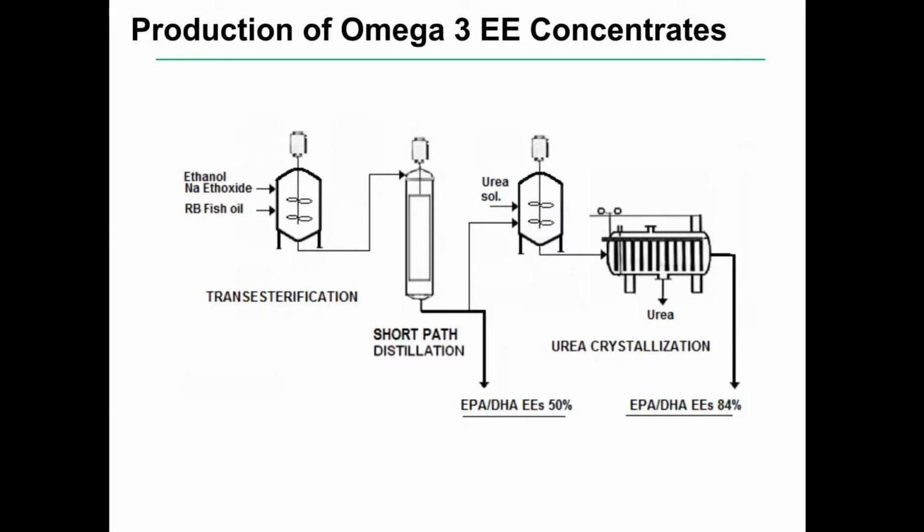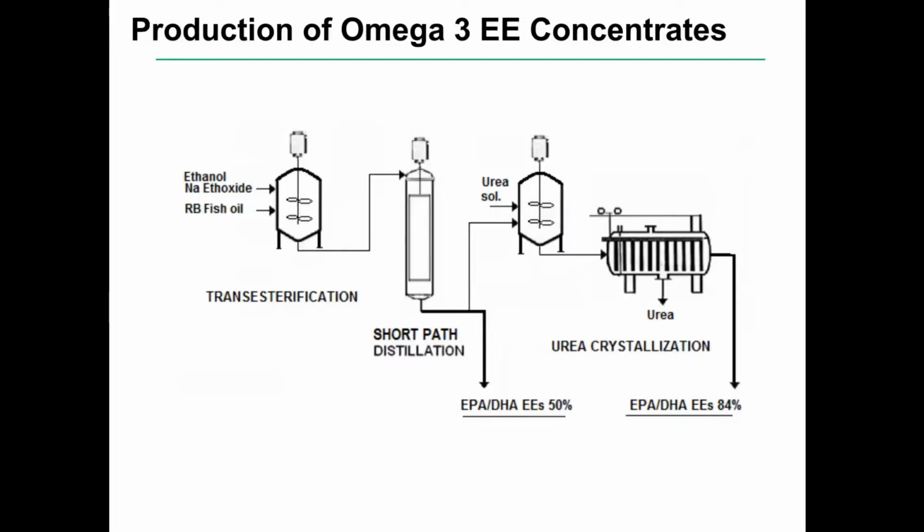Once the ethyl esters are produced, then they are subjected to short-path distillation, where the shorter chain ethyl esters are distilled off and the EPA and DHA ethyl esters are concentrated.